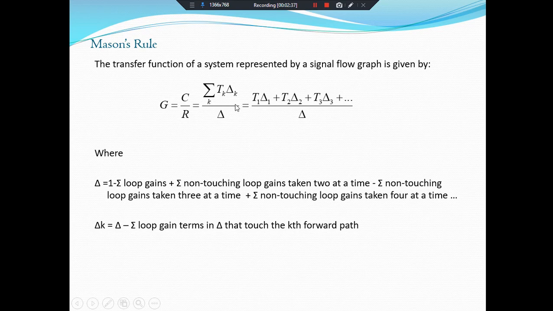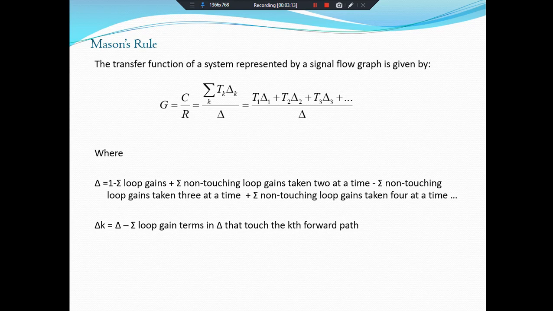And what is the delta K? Delta K is the delta minus the loop gain terms in delta that touch the kth forward path, or we can say the summation formed by eliminating from delta those loop gains that touch the kth forward path. It means delta K can be found by taking delta and removing those loop gains that are touching the forward path.